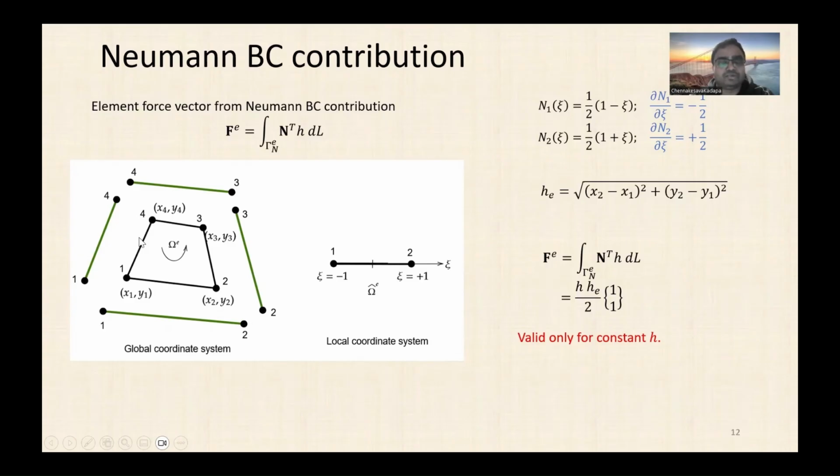If they are internal, we don't do anything, but if they are external, we need to perform the integration along the edges. Now, since this is a 2-noded edge, we map it to a 2-noded element in 1D. Okay, this is our local element that we used to solve the 1D PDE.